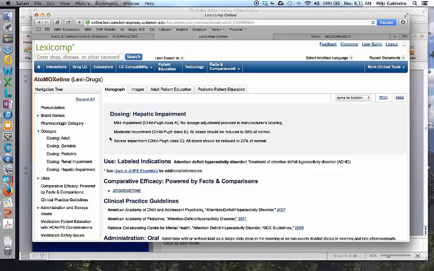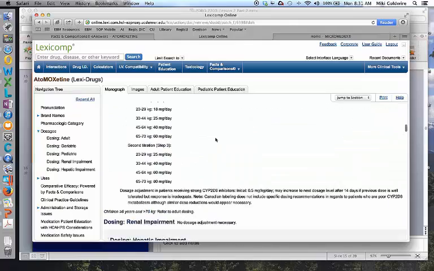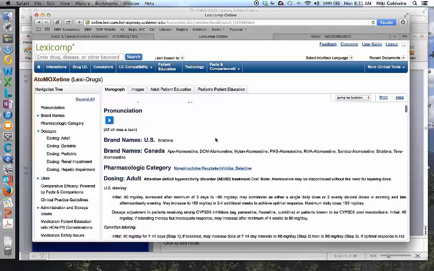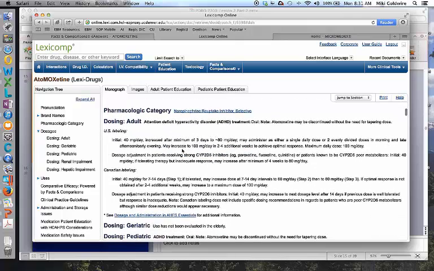You can get a little clue by looking at the moderate impairment. All doses should be reduced to 50% of normal. So I know that in a more severe liver impairment, most likely this would mean the normal dose minus 75%. So maybe we go back and we look at the normal dose. 40 milligrams per day.